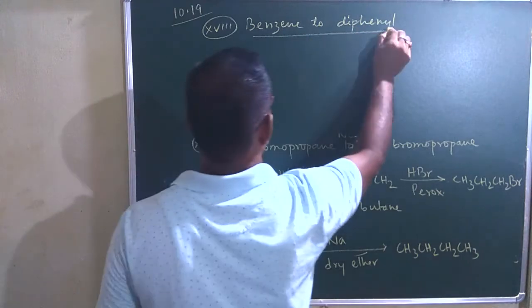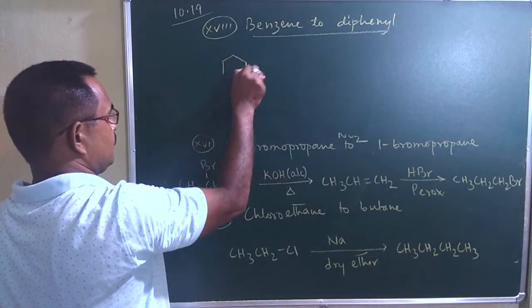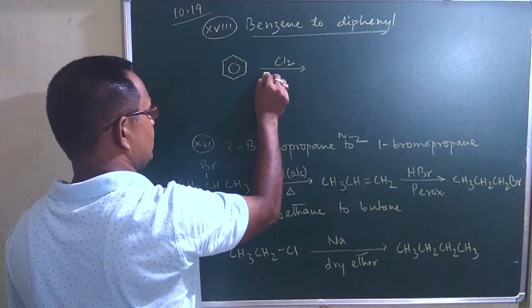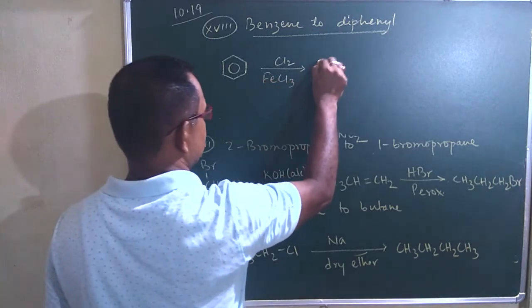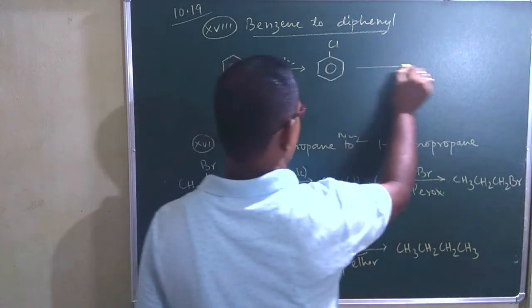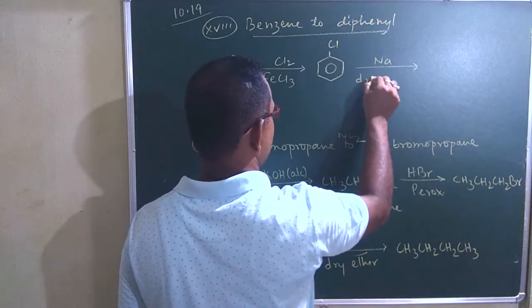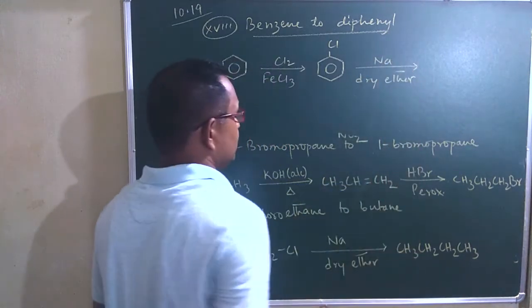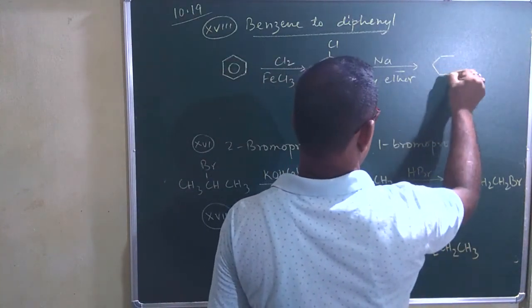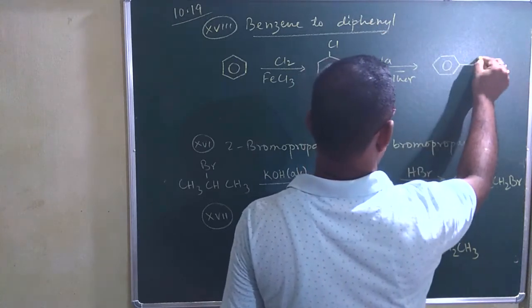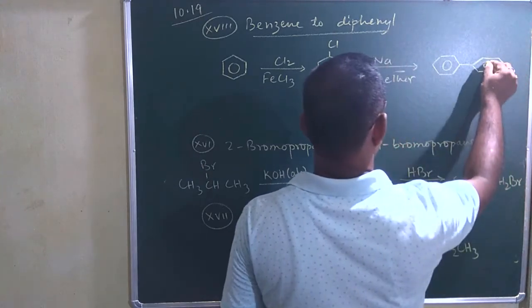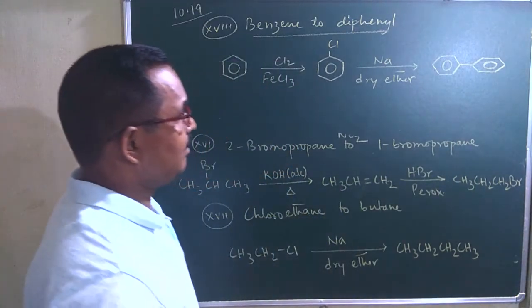This is benzene. You react benzene with chlorine in presence of ferric chloride. This is chlorobenzene. Now treat chlorobenzene with sodium in dry ether. This reaction is called Fittig reaction. You will get this compound. This is diphenyl.